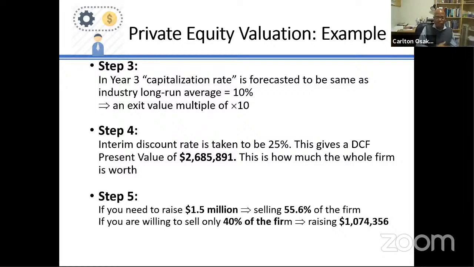If you're only willing to sell 40%, and most entrepreneurs are unwilling to sell off a major stake in the firm, that is more than 50%, that means you can only raise, shall we say, 1,074,000, which might not be sufficient for your needs. Okay? So this is what the discounted cash flow method has come up with. And it turns out that this doesn't capture the full value of the firm because of those limitations that I mentioned before.